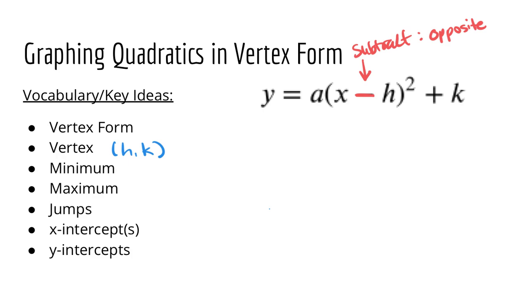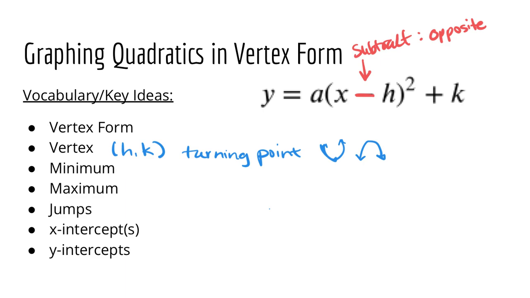Just in general, the vertex of an equation is the turning point, where it changes direction. Remember, it's a U shape, so it's the point at which it goes from decreasing to increasing. Or if we have an upside down U shape, you start increasing, and then it's the point at which your graph starts decreasing. A maximum or minimum depends on whether your graph opens up or down.